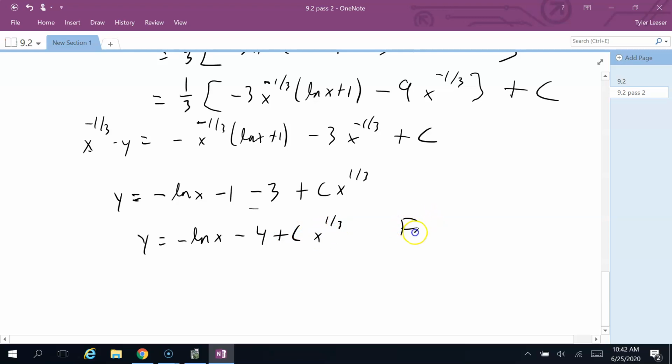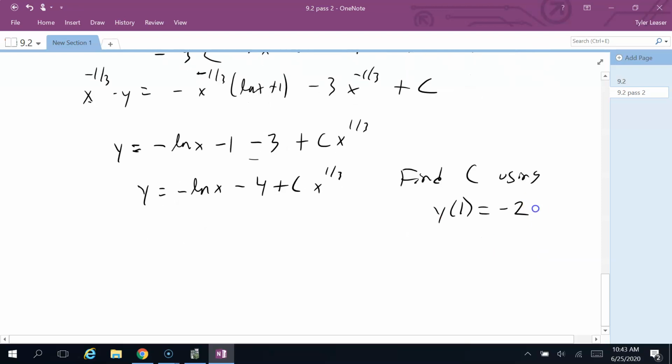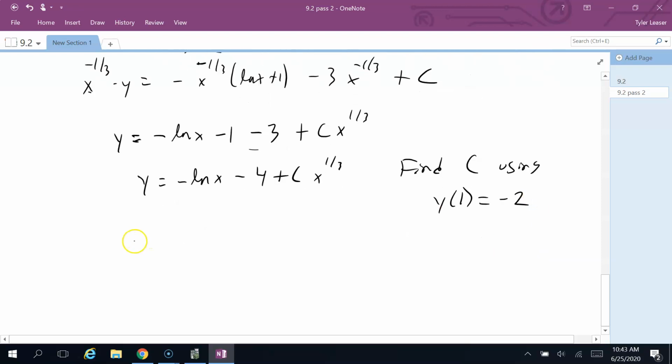So the last thing is that we can find the c using those initial conditions up top. And if you remember, or if you have it written down, the initial condition up top was y of 1 is equal to negative 2. So we just plug that in. So my y is going to be negative 2. And if I substitute in x to be 1, natural log of 1 is just 0, minus the 4, plus c.